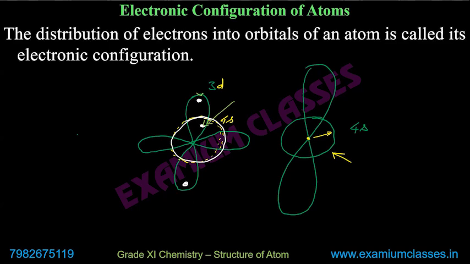It will not shield 3d, since it is in 3d only. So it will not shield the 3d electrons. There will be only one electron shielding the 3d orbitals now. Is that clear? Earlier, two electrons were shielding the outer electrons. Now only one electron has a shielding effect. So the shielding effect has reduced.